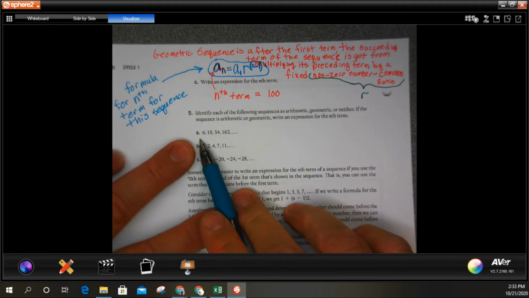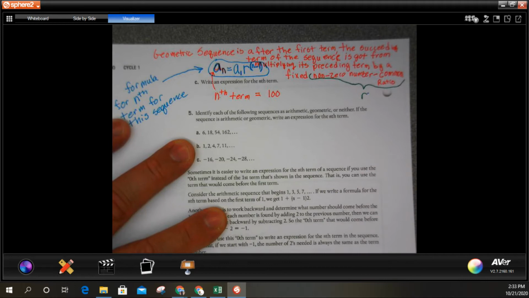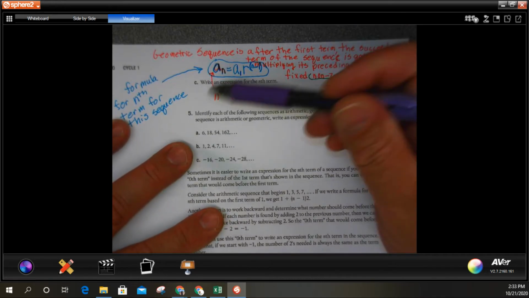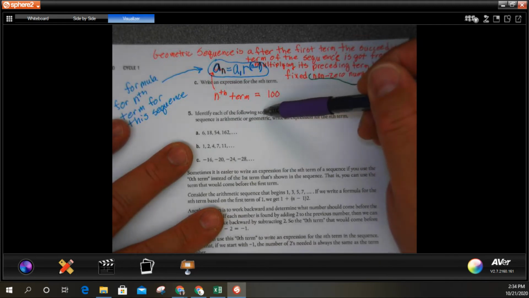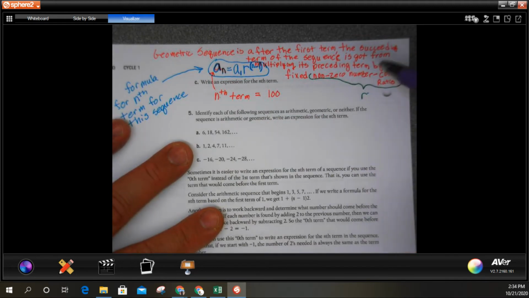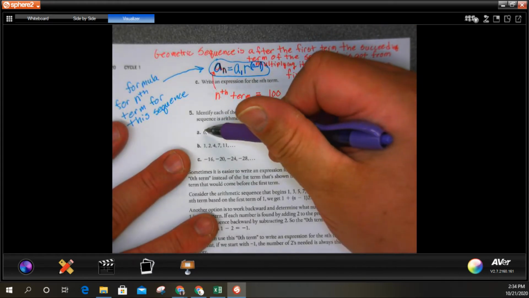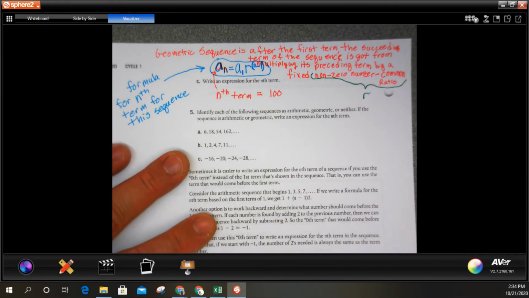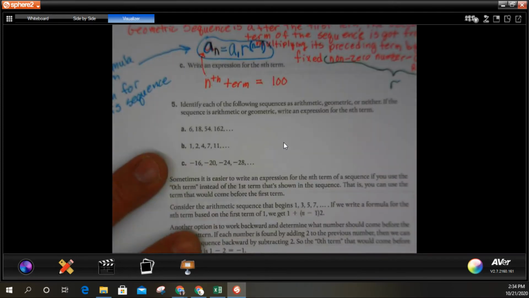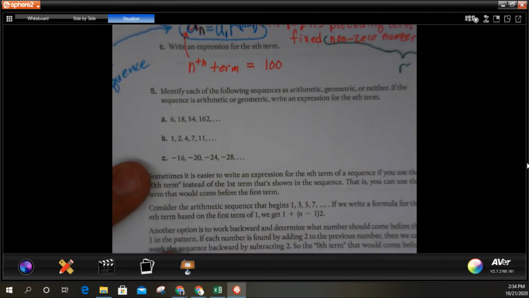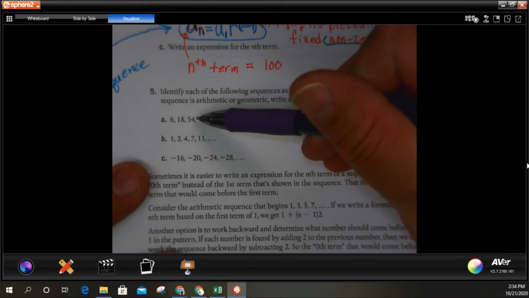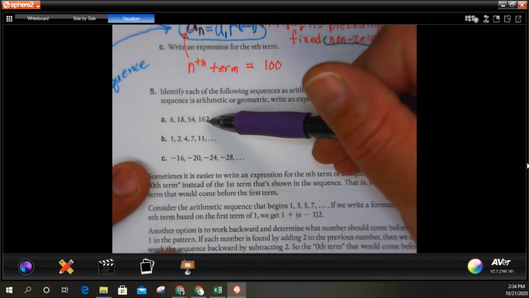Number 5. Identify each of the following sequences as either arithmetic, geometric, or neither. If the sequence is arithmetic or geometric, write an expression for the nth term. Okay, so let's see. I'm looking at the numbers 6, 18, 54, and 162.